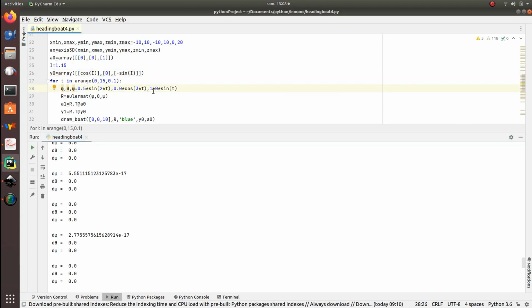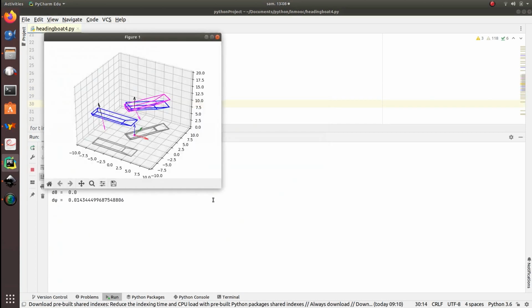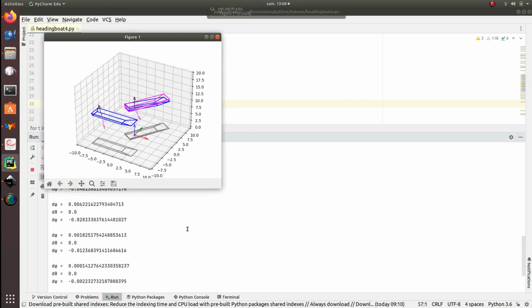I will also have a perfect estimation if I change just theta, like this. But if I change both at the same time, then due to the fact that rotation matrices do not commute, I will have a small error. We can see here some small error, but it is acceptable when the Euler angles are quite small.